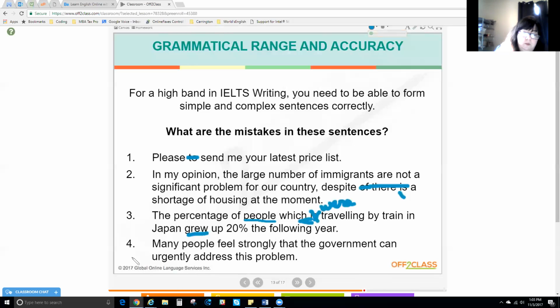All right, let's look at number 4. Many people feel strongly that the government can urgently address this problem. What's wrong with that sentence? In my opinion, there's nothing wrong with this sentence.